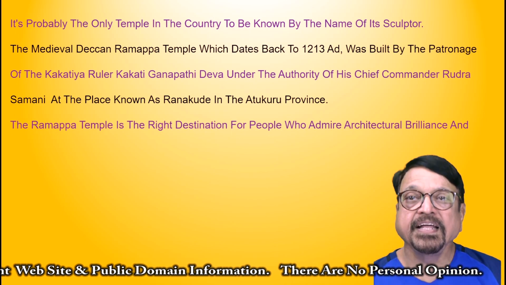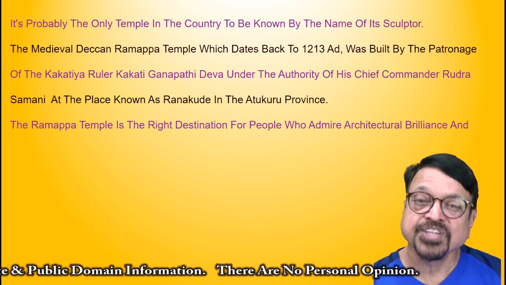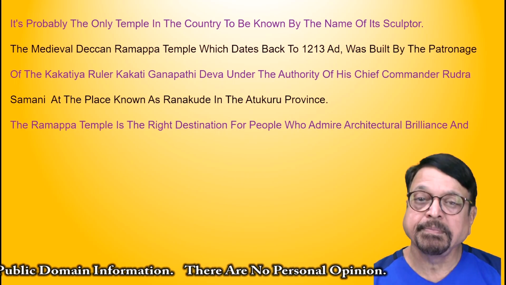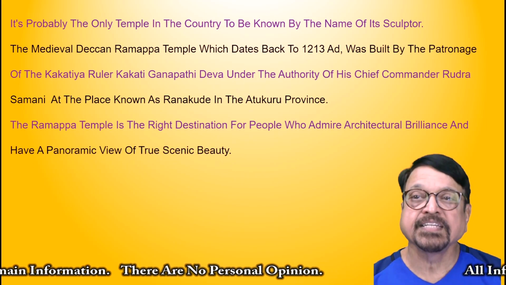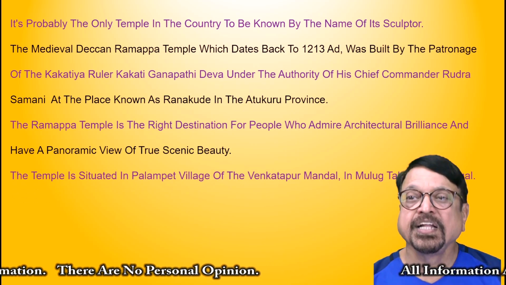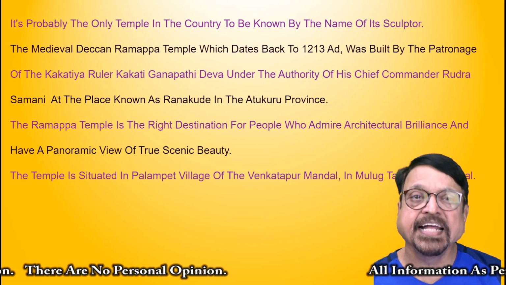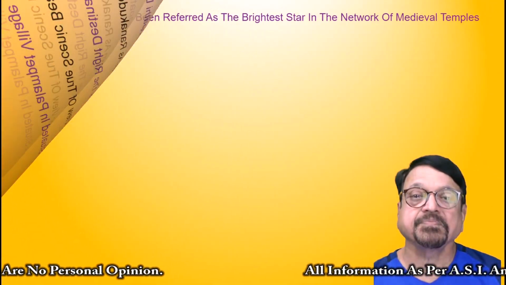The temple was constructed by the patronage of the king mainly, but there are many people who have donated for this temple and all their names are written in the inscriptions. The temple is situated in Palampet village, as I told you, near the Ramappa lake.